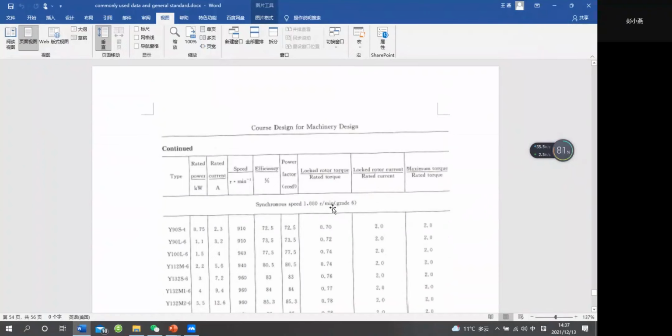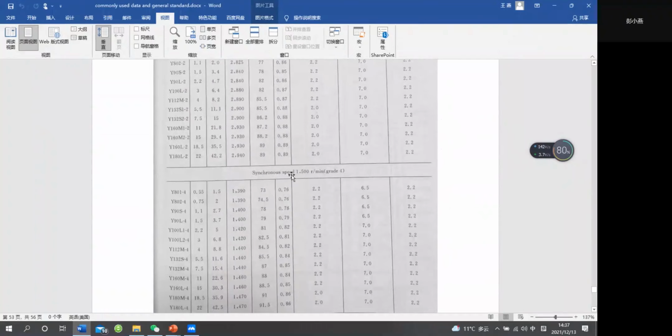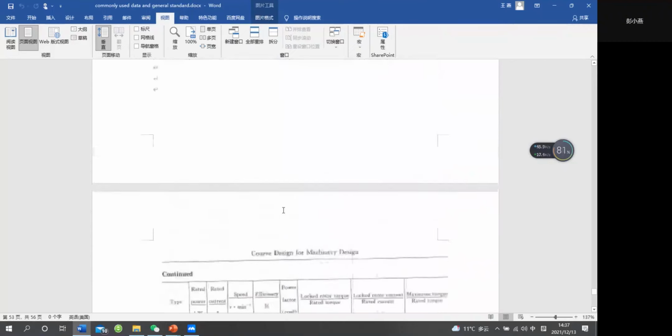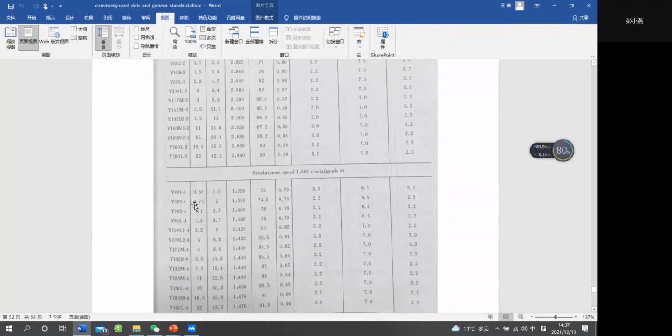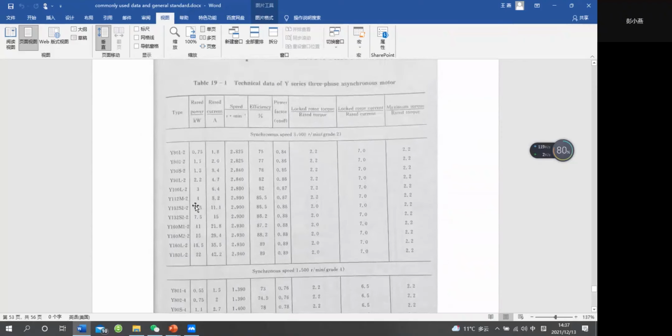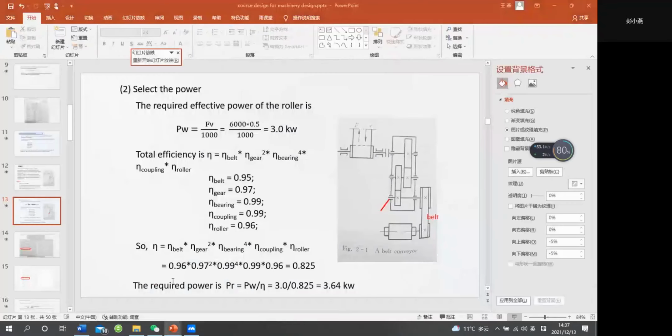Do you remember? We usually choose the two synchronous speeds with 1,500 or 1,000. And then this is the rated power. And we know that the rated power should be larger than the required power.